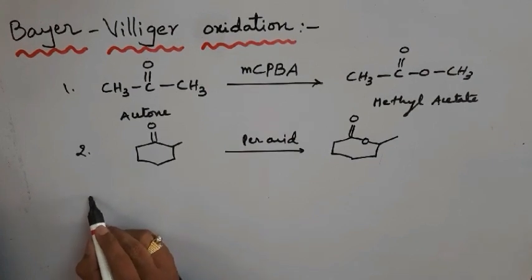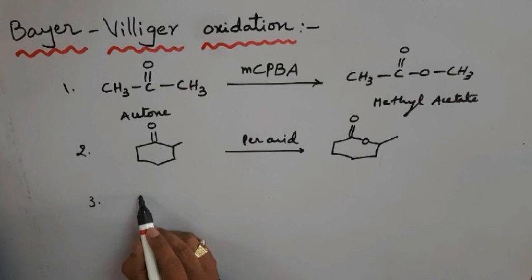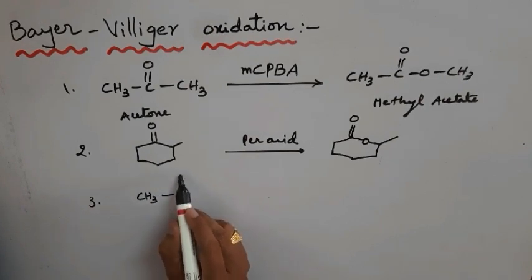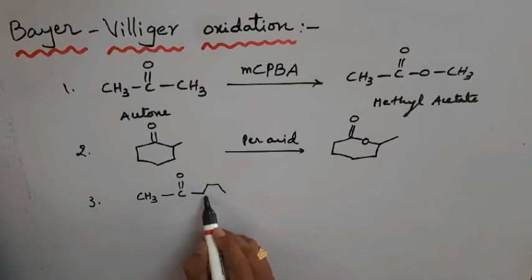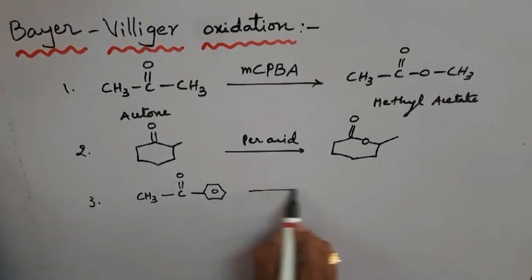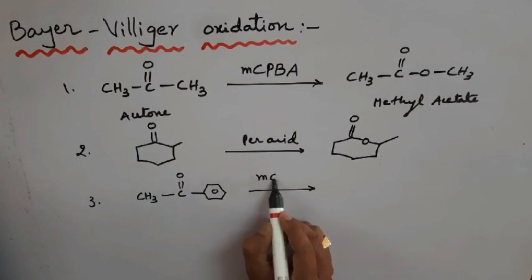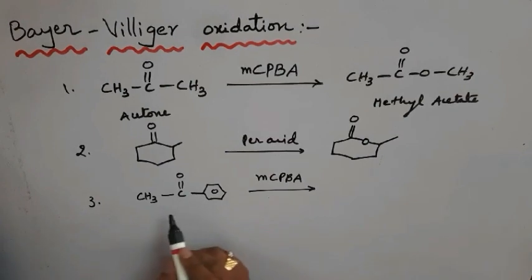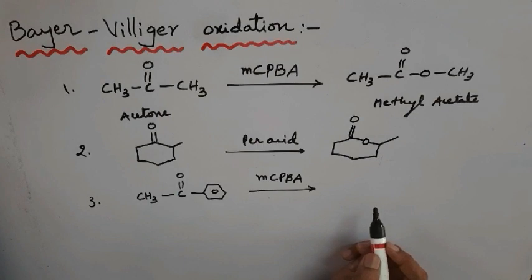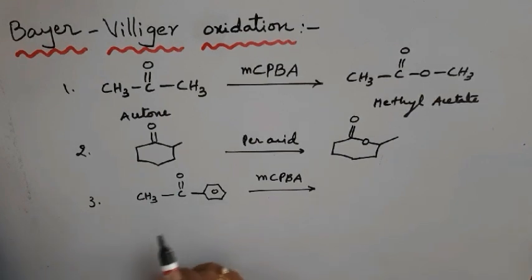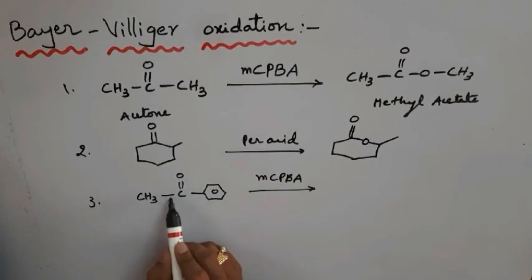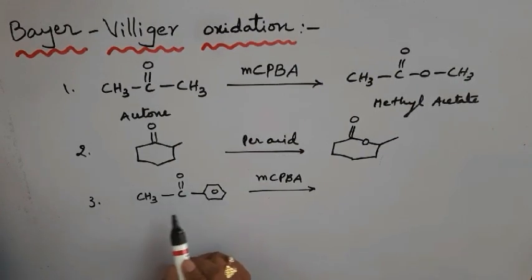The third example that I would like to give is a mixed ketone. Let us suppose I am taking methyl phenyl ketone, also called acetophenone, and I am treating this with metachloroperbenzoic acid. If it undergoes Baeyer-Villiger oxidation, what is the product obtained? Here also it is an unsymmetric ketone, so you have a doubt whether the oxygen atom from the peracid will be inserted towards the left or towards the right.